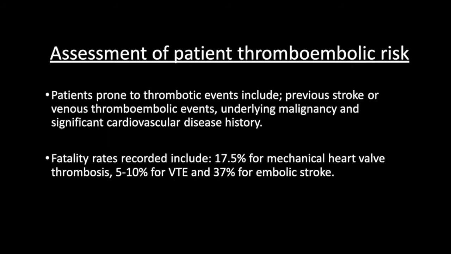You should have an idea of the fatality rates attached to these different conditions. For example, it is known that 17.5% of patients who have mechanical valve have a risk of having thrombosis. There are different percentage fatality rates for different conditions like venous thromboembolism and patients who had embolic stroke.